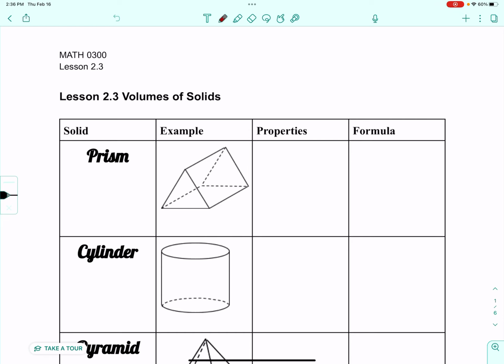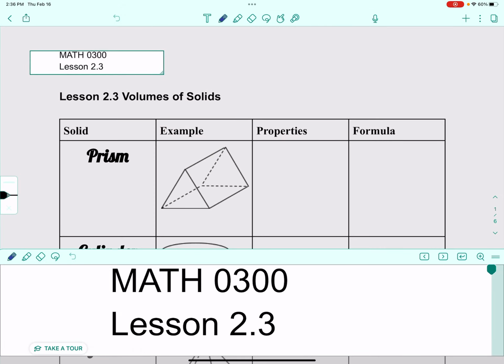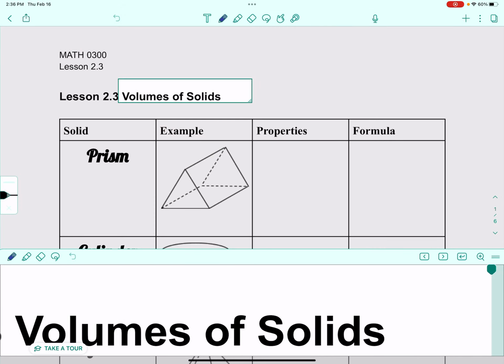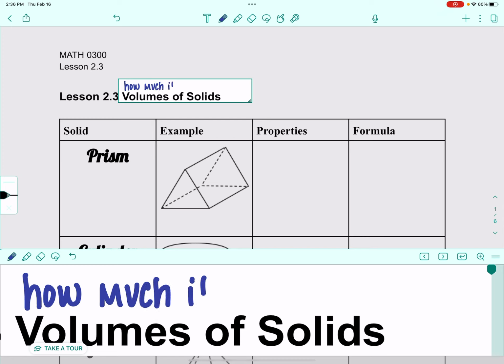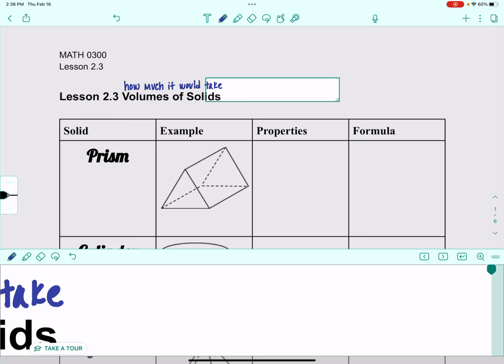When we talk about volume, we're not talking about how loud the shape is talking to you. We are talking about how much it would take to fill the solid.